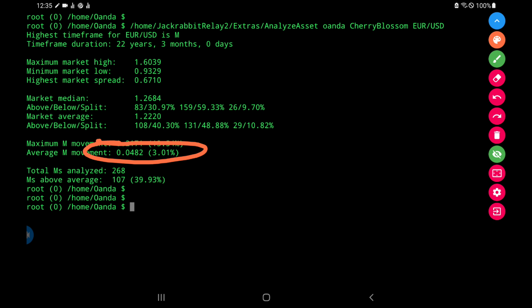That's critical because that gives you a reasonable representation of what to expect for an average monthly movement. So if you want to be able to make money in the market, then you need to be able to think about the market in this kind of a worst case scenario context.